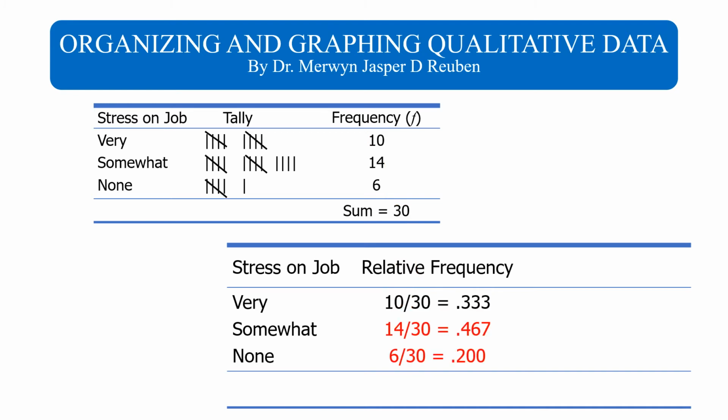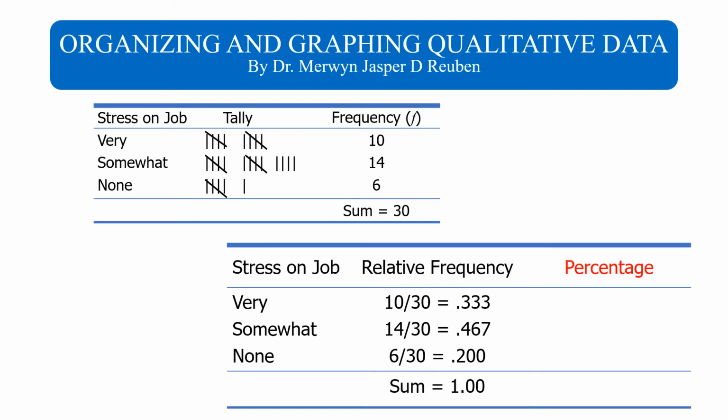Next we write down the relative frequency for somewhat and none. For somewhat it is 0.467 when rounded off to 3 decimal places and for none it is 0.200. Next, the sum of the relative frequencies will be equal to 1. This is always equal to 1, but sometimes due to rounding errors it will be very close to 1.